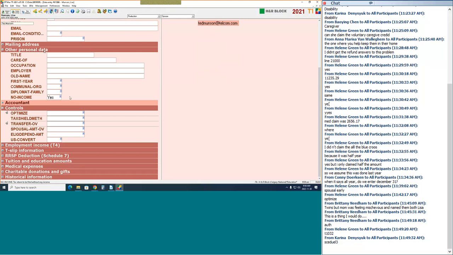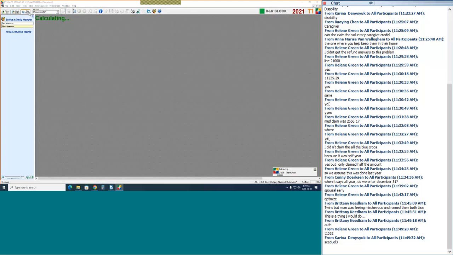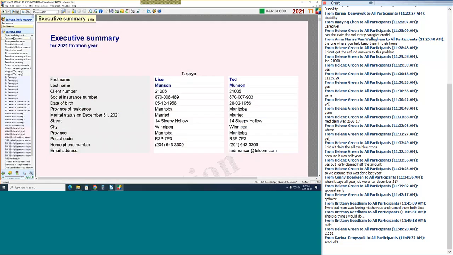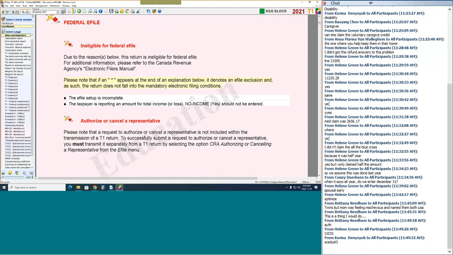But if you had said no income, when you checked your notes and diagnostics, it would have warned you it's not going to e-file. And remember, you have to clear your warnings not only in your data entry, but you have to clear your warnings for your e-file setup as well. You want to guarantee that that return will e-file in a real office.